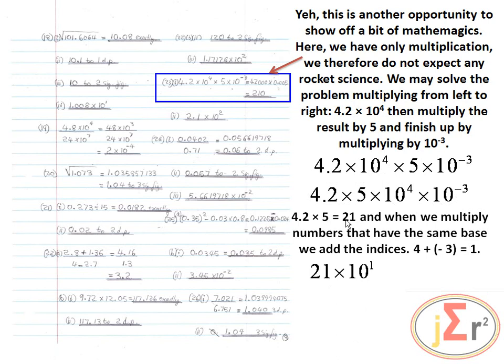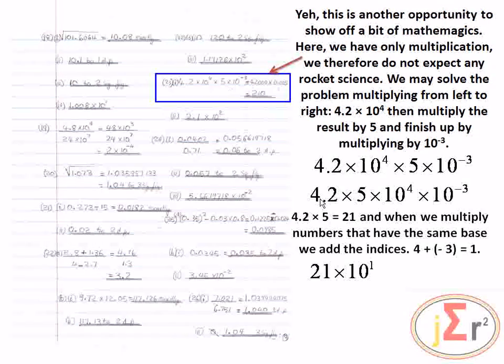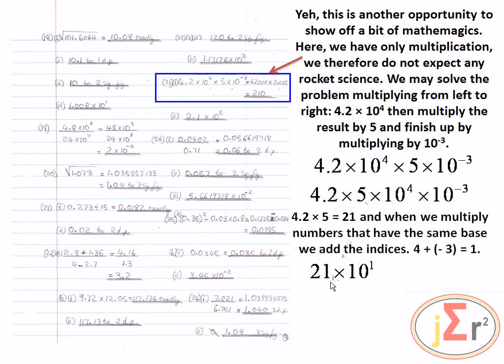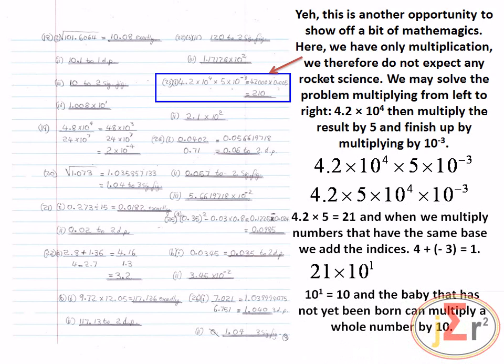So the result will be then 21, which is the result of multiplying 4.2 by 5, and also multiplying those numbers, same base, we add the indices, we have 10 to the power of 1. 10 to the power of 1 is equal to 10.